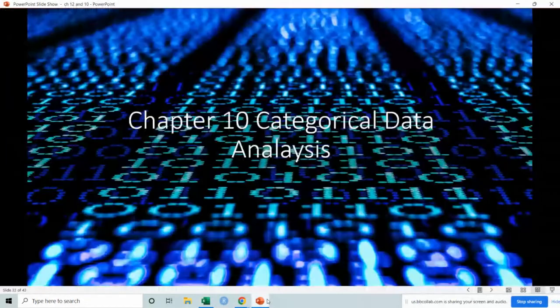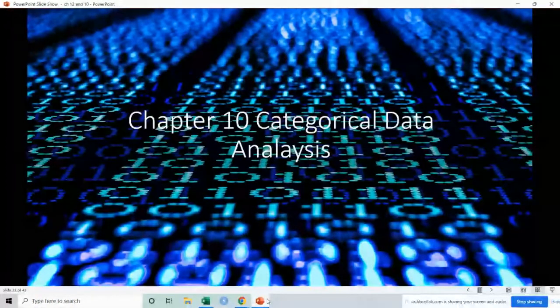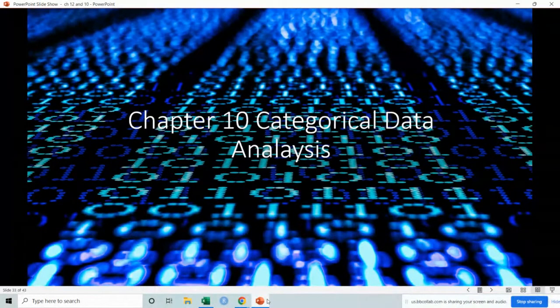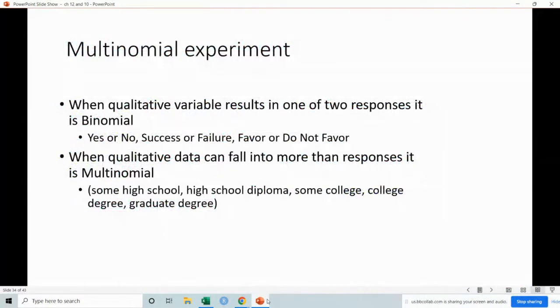Okay, so chapter 10, categorical data analysis. I don't have any comics for this particular chapter, but it's still important information to go over. So, multinomial experiment. When a qualitative variable results in one of two responses, it is binomial.